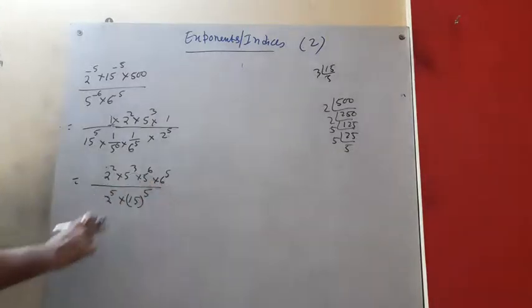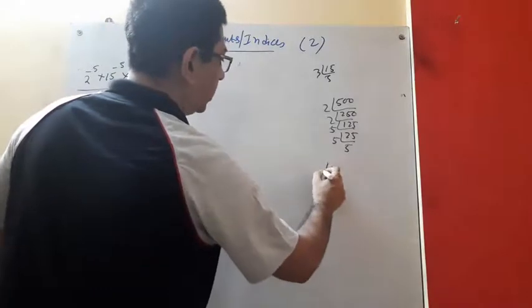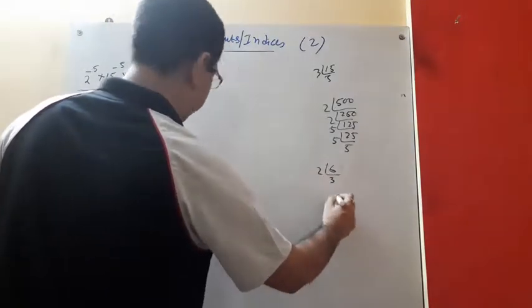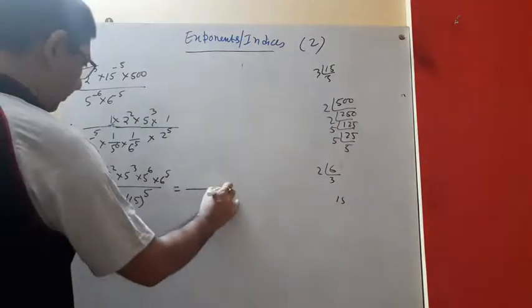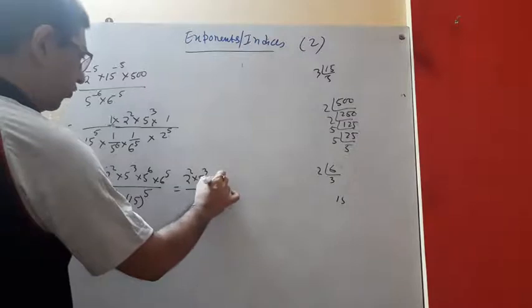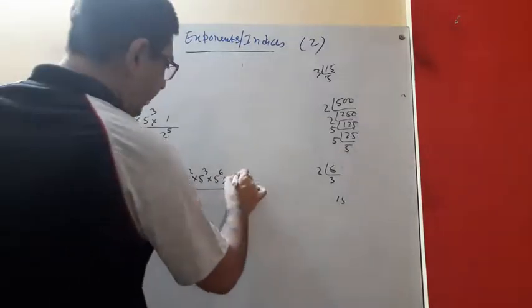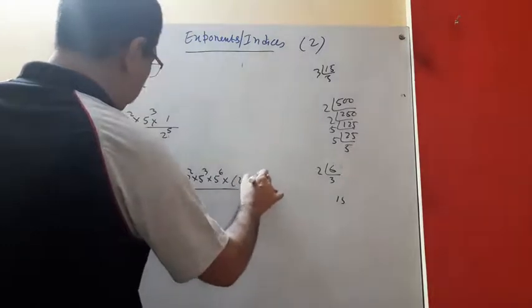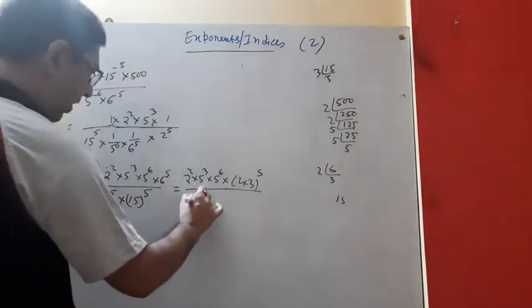Look, 6 is not a prime number, 15 is not a prime number. So we will go for splitting of 6, 2 threes are 6, and in case of 15 we have already done. So 2 square into 5 cube into 5 to the power 6 into, instead of 6 what will I write? 2 into 3 whole to the power 5, right? And this is 2 to the power 5.